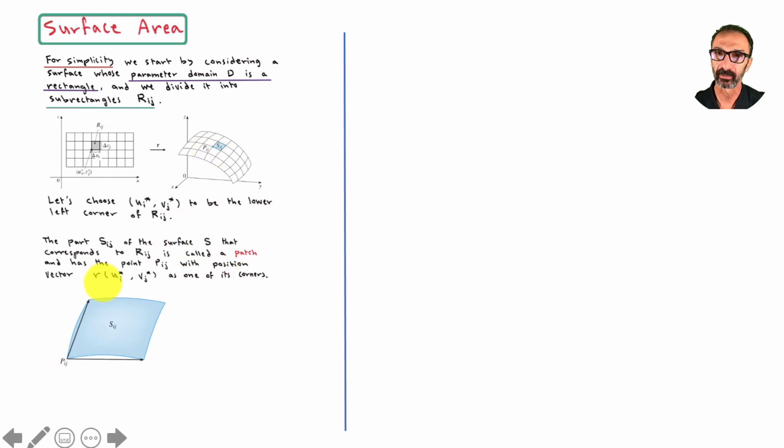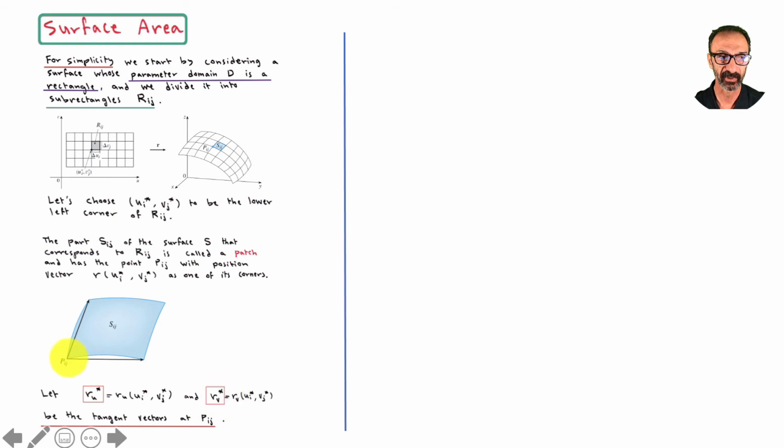with position vector r(u sub i star, v sub j star), because it's coming from this point, as one of its corners. Let r sub u star, which is the partial derivative of r with respect to u at that location, be r sub u evaluated at (u sub i star, v sub j star). And let the partial derivative of r with respect to v at that point be r sub v star.